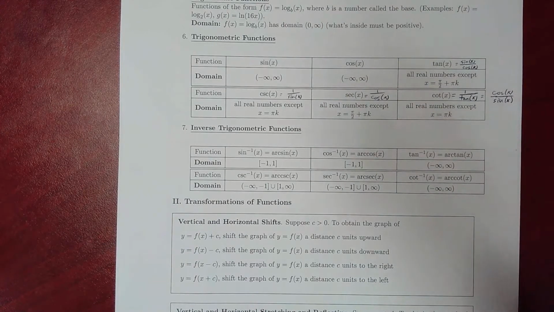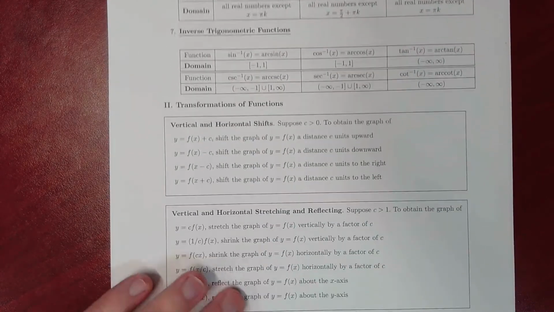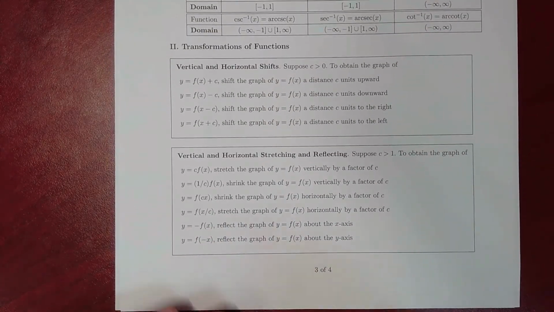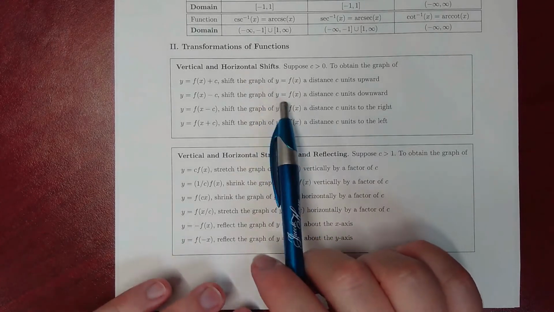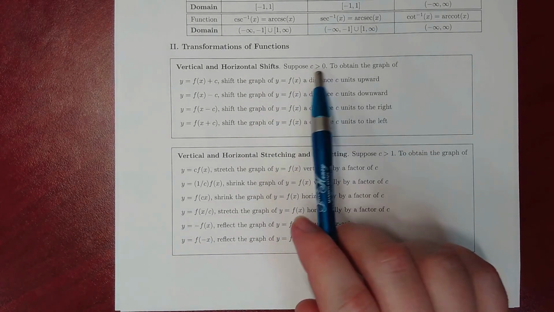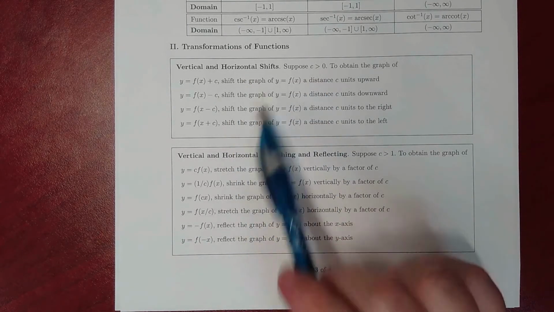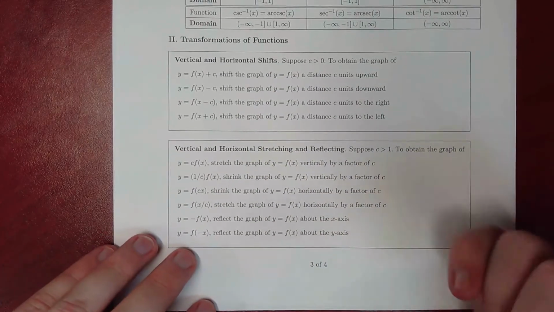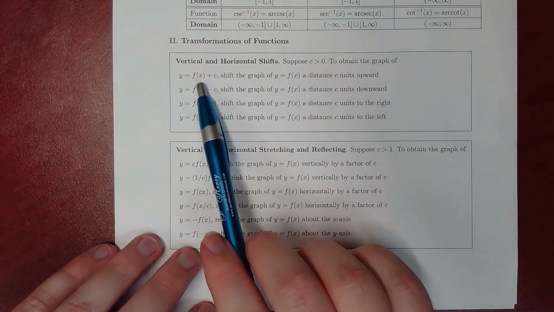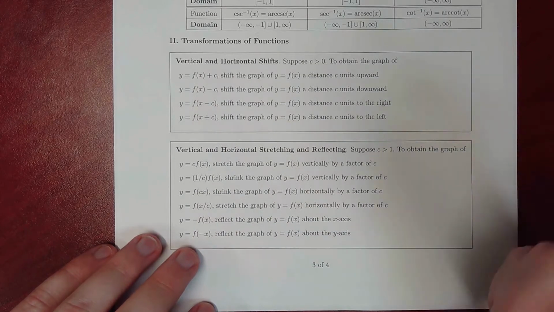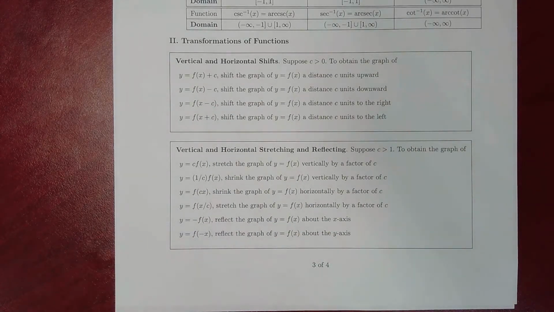And then when we're going to graph functions, we have a few different things we can do to our functions to move them around, shift them, that sort of thing. So for vertical and horizontal shifts, suppose we've got a positive c. That way we can talk about these the same way. To obtain the graph of f of x plus c, we're taking our function values and just moving them all up.